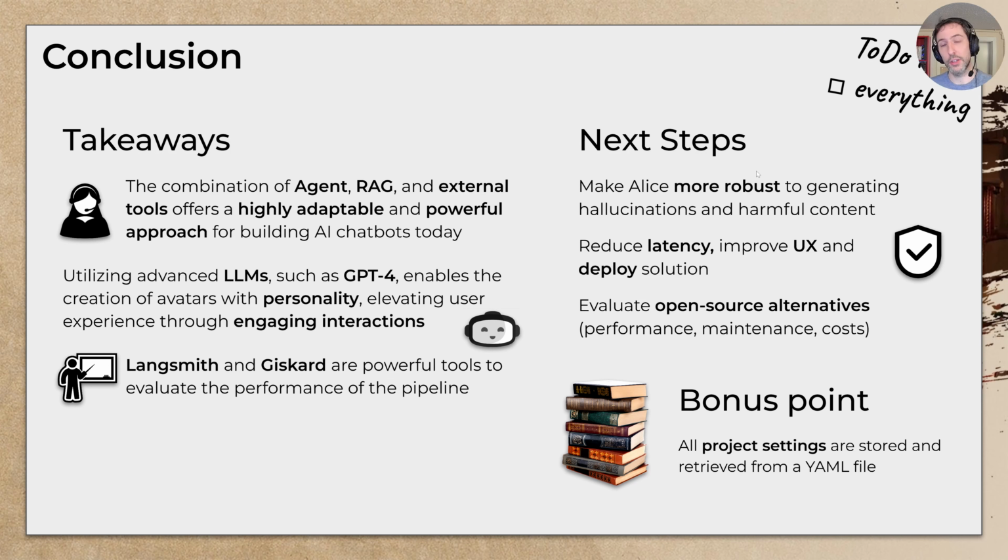The UX, user experience, should be improved, especially the UI, and move towards a solution that one could deploy in the cloud, for instance. And finally, an important point is that an open source alternative should be evaluated. Initially, I really wanted to open source all sides of her, but because of the 7-day deadline, I had to rely on solutions that were much easier and especially outsourced, outside of my computer.